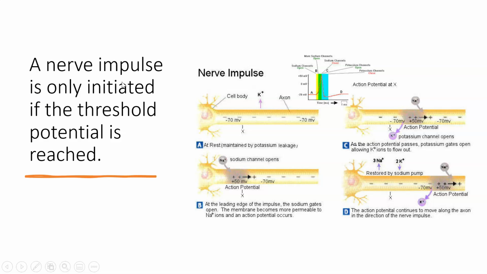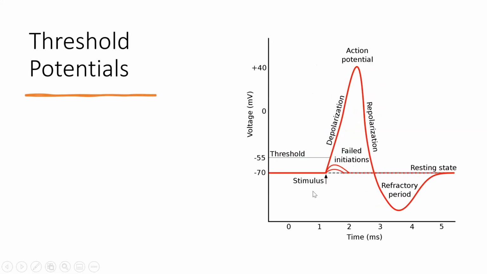So a nerve impulse is only initiated if the threshold potential is reached. We've got lots of different potentials, haven't we? So this is our threshold potential. We need to get enough sodium ions to reach this threshold point to allow the action potential to form.